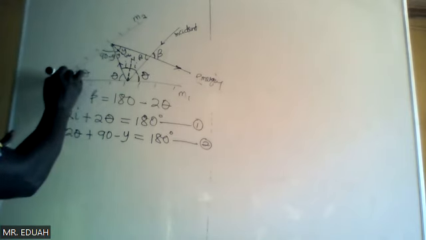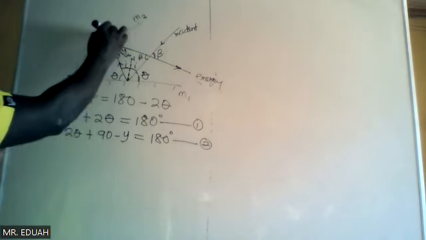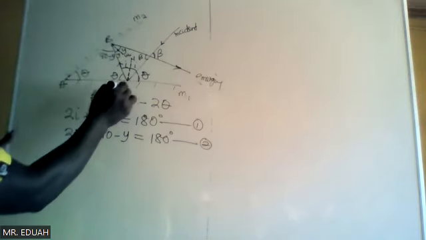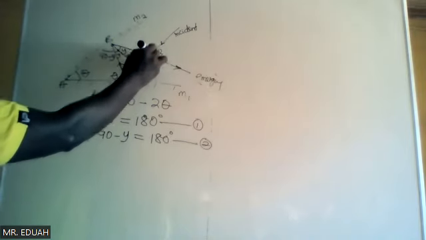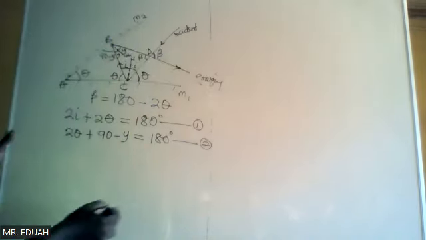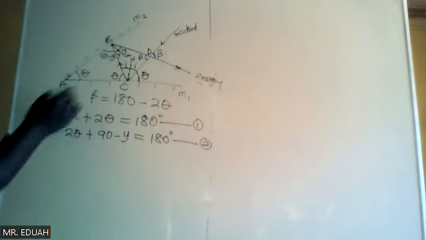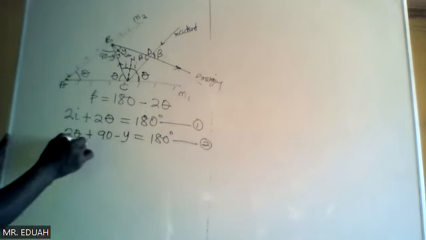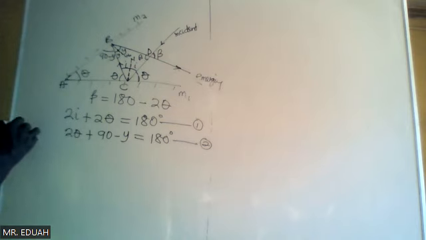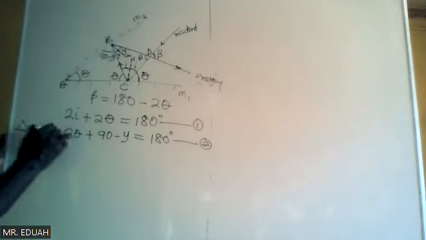I think to help understanding, let's label it A, B, C, D. So this equation refers to triangle ABC.